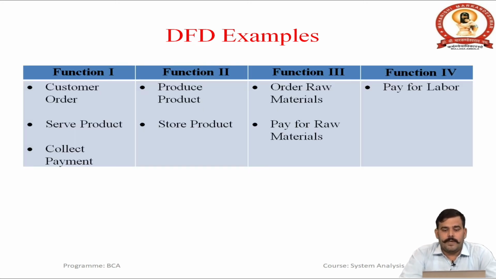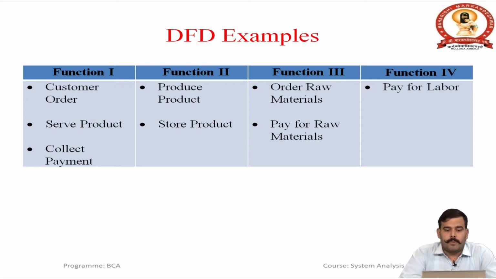So, we can arrange these functions or activities in categories like function 1, function 2, function 3 and function 4. In function 1 what we have? We have the customer order. First of all, the customer will come to the stand and place the order, and the server will serve the order if it is available and collect the payment.